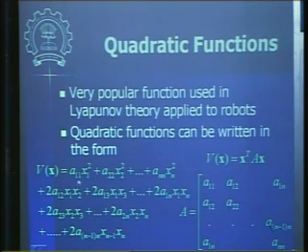You just need to look at the coefficients multiplying x1 square, x2 square, and the coefficients multiplying x1 x2, x2 x3, and x1 x3, these kinds of terms. Then you divide the coefficients of these cross terms by 2, put them in the appropriate place in this matrix, and construct this matrix A. This is how you go about doing that.